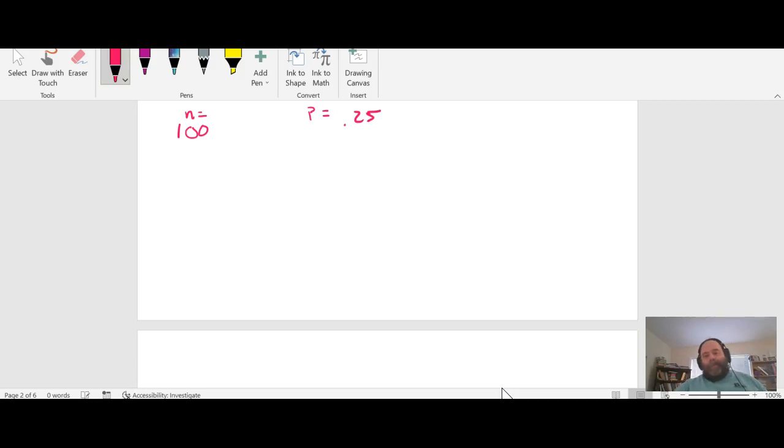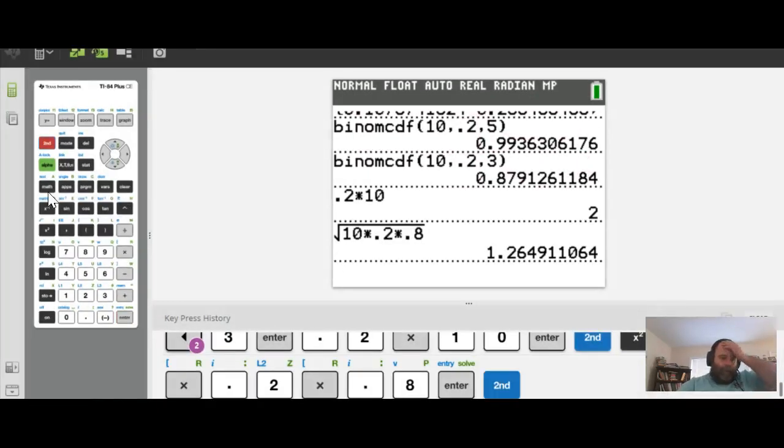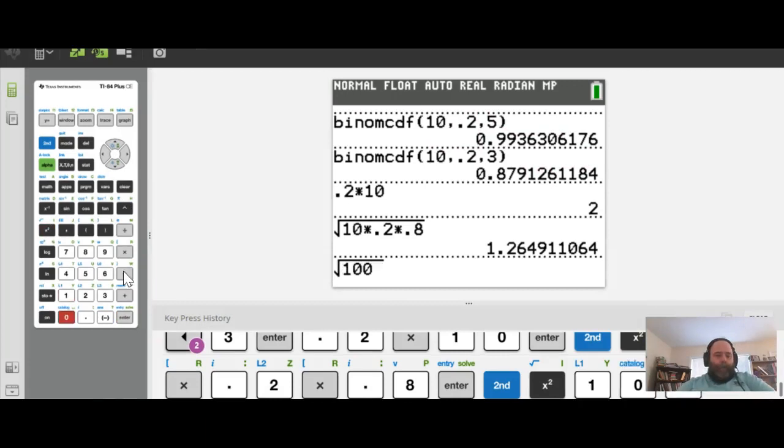It feels like I should be able to substitute the normal distribution here, because this is going to be somehow symmetric and bell-shaped with a mean where the expected value is 100 times 0.25, which is going to be 25, with the standard deviation being the square root of 100 times 0.25 times 0.75.